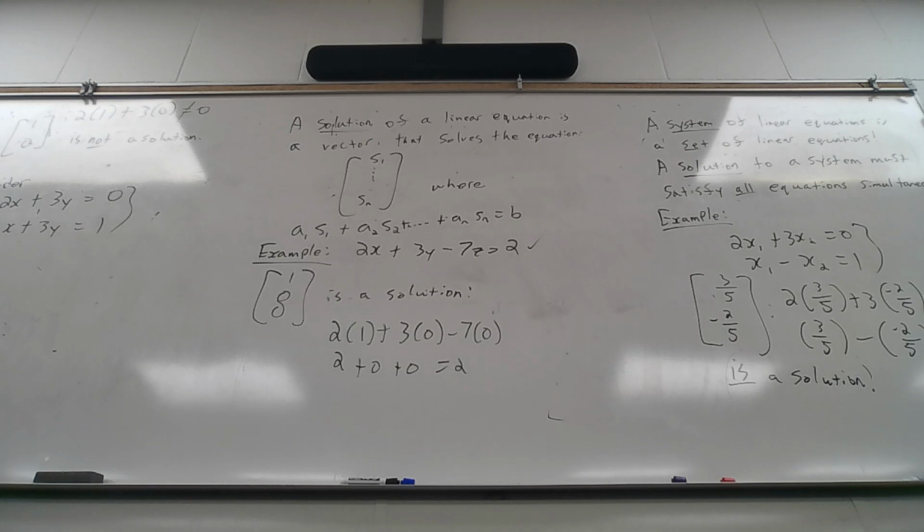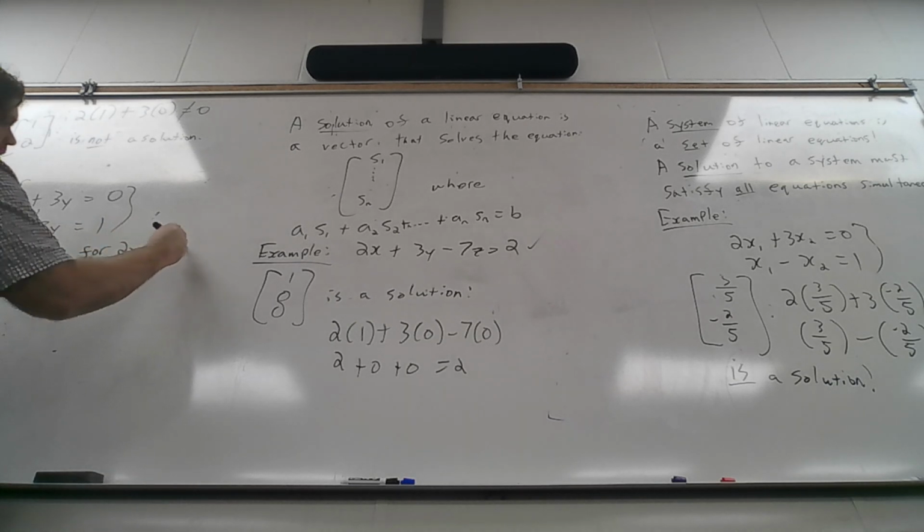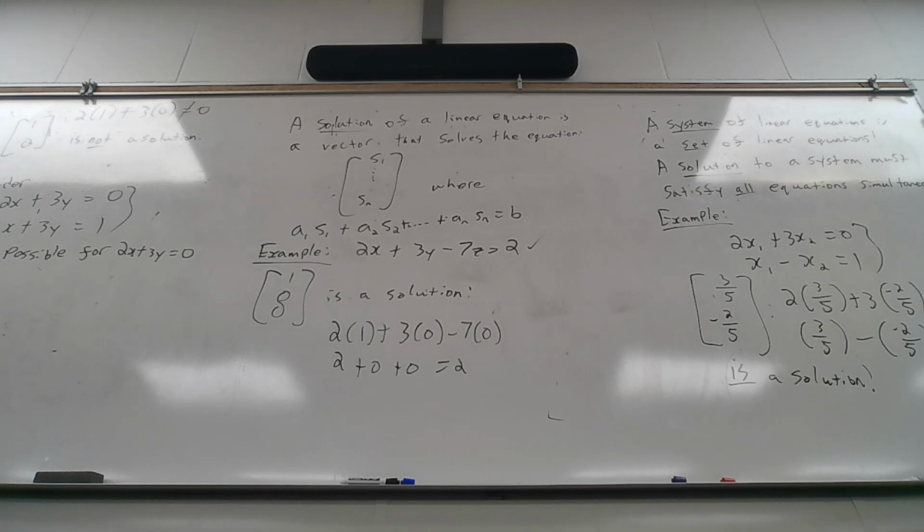So it's not possible for 2x plus 3y equals 0 and 2x plus 3y equals 1 simultaneously. This has a solution on its own. This has a solution on its own, but it doesn't satisfy both at the same time. So, no solution.